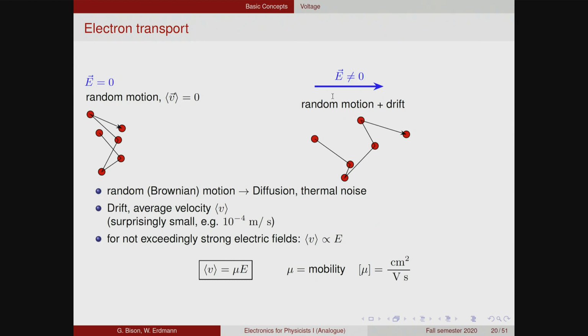And so what happens is that the average velocity that an electron has is the interplay between accelerating in an electric field and hitting something and being brought to rest, so to say.